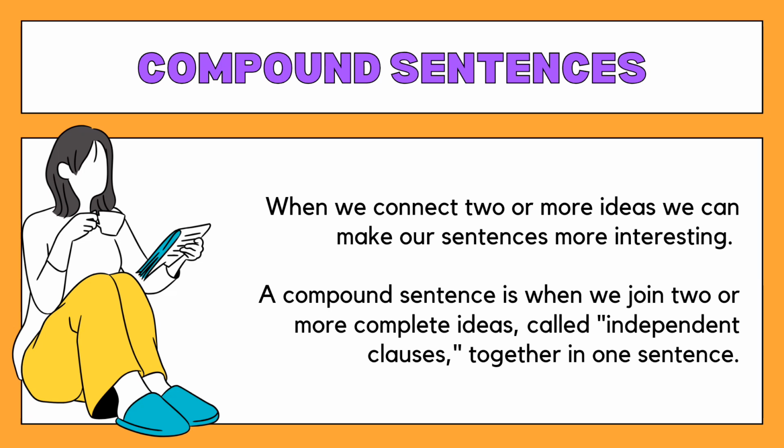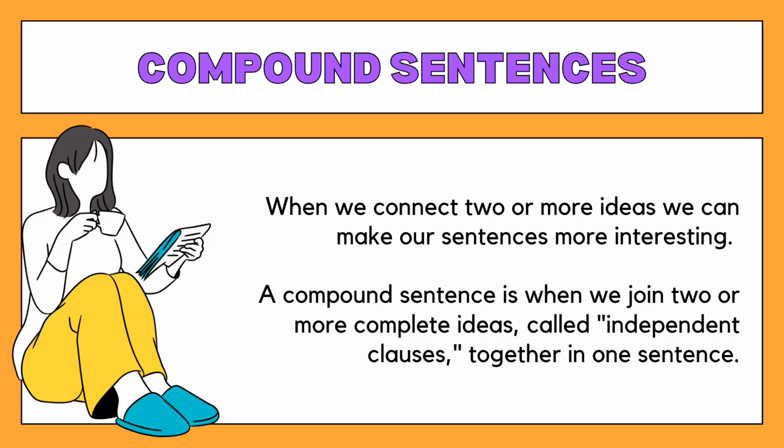Therefore, we form a compound sentence by joining two independent clauses together using a coordinating conjunction. When we connect two or more ideas, we can make our sentences more interesting. And so a compound sentence is used when we join two or more complete ideas called independent clauses together in one sentence.